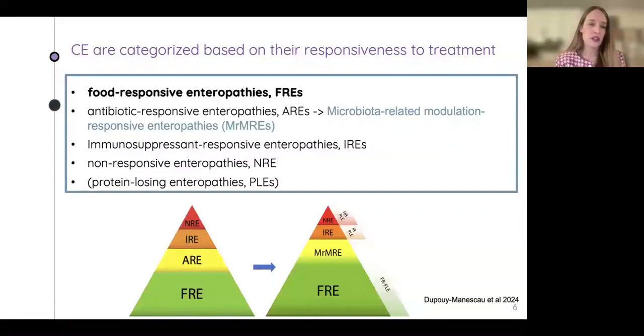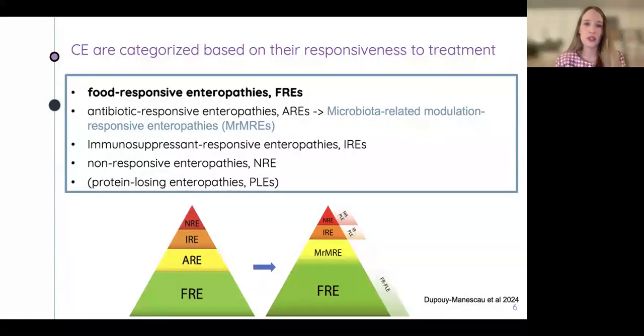Then we have another level with a more severe presentation, where we need to use immunosuppressants. The dogs that respond to that therapy would be in the group of immunosuppressant responsive enteropathies. And then the final one, where we have a lot of problems in managing and see poor response to everything that I mentioned before, would be in the group of non-responsive enteropathies.